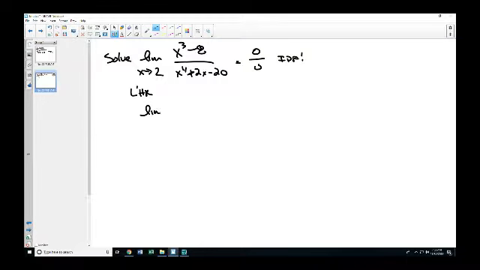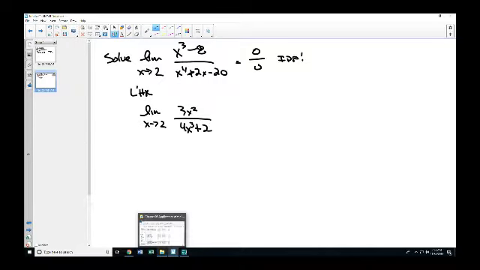And then rewrite the limit as x approaches 2. Derive the top: 3x squared. And derive the bottom: 4x cubed, plus 2. Now plug and chug again.